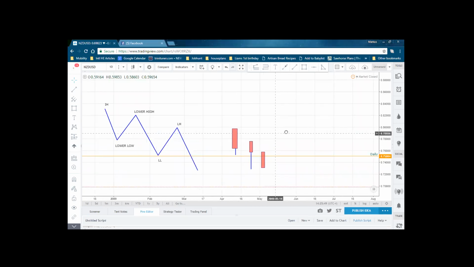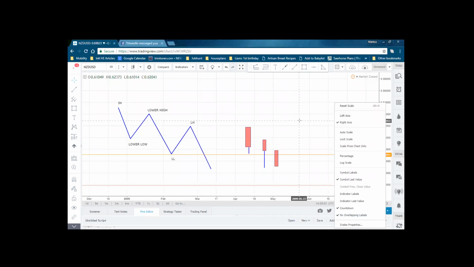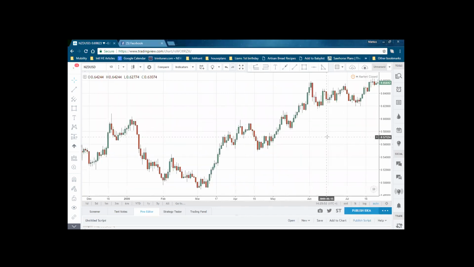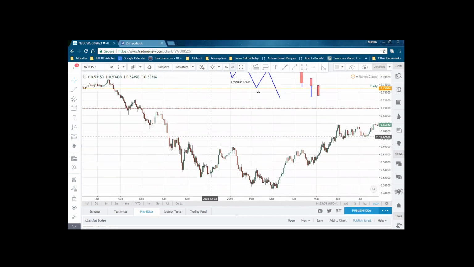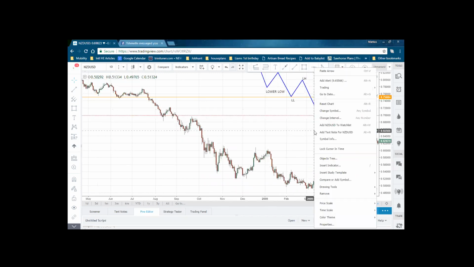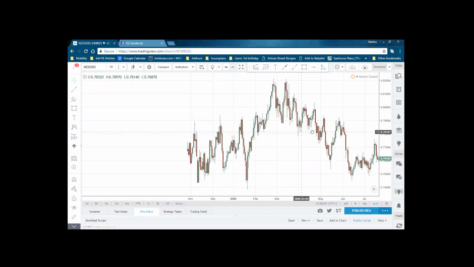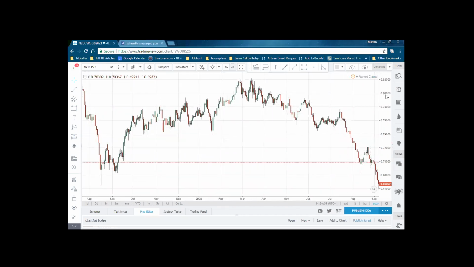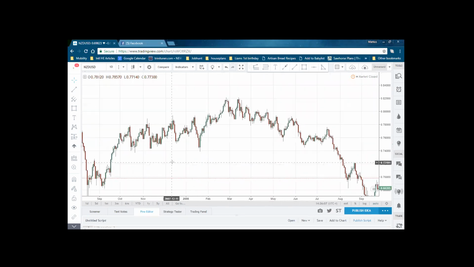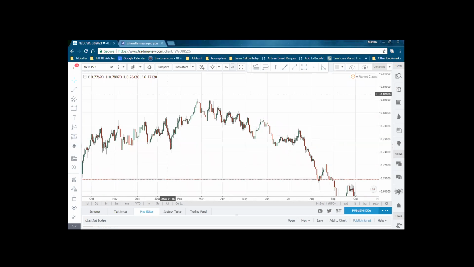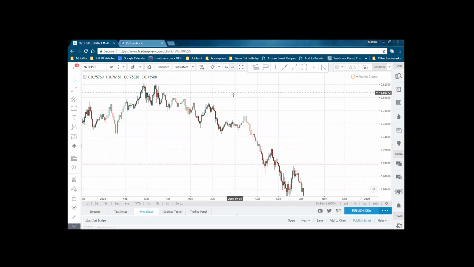So looking at an actual chart, let's just stick with this chart here. We're still looking at the Kiwi dollar. Let's take this, for example.